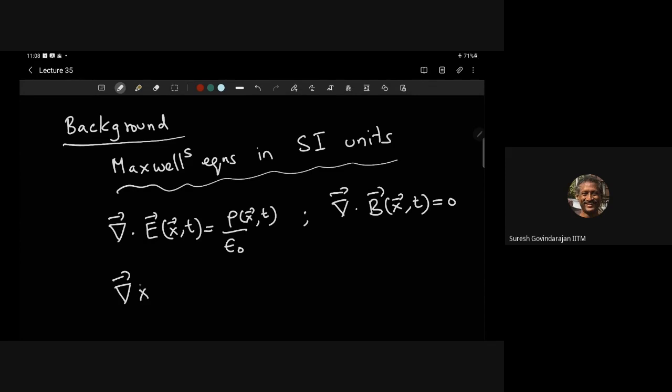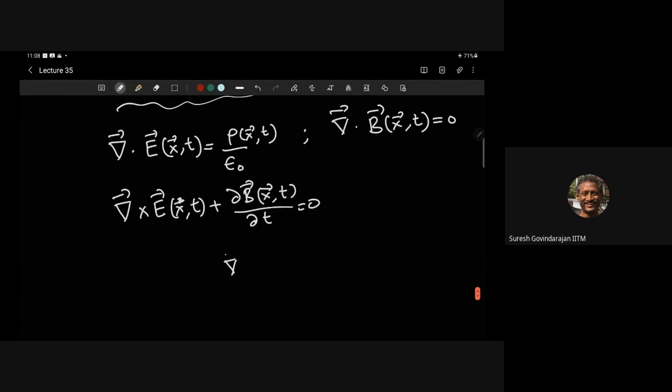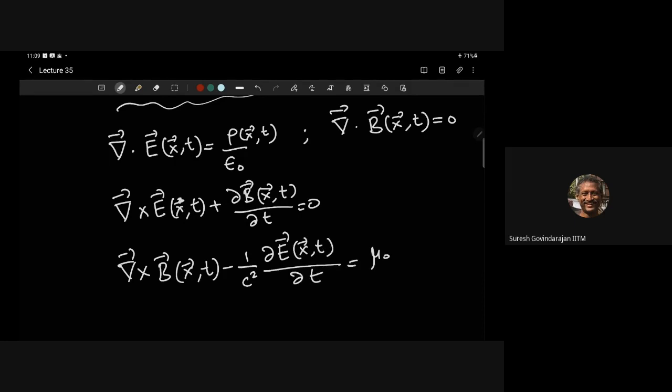Okay, so this is arbitrary, time dependent Maxwell's equations.